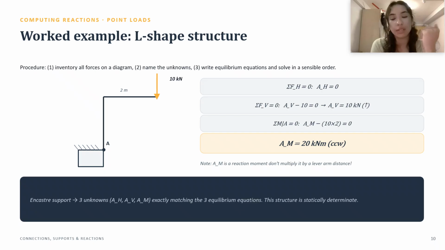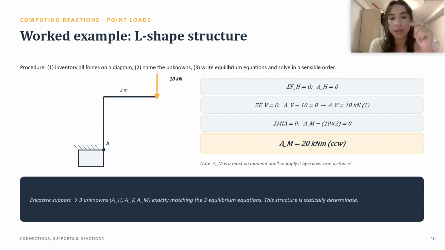And then we have the sum of the moments on point A, which must be 0. So if we find the moment on point A, okay, it must be minus 10 times 2, and that is because we've got a force 10 kilonewtons down, which is 2 meters away from point A, and which must be 0.